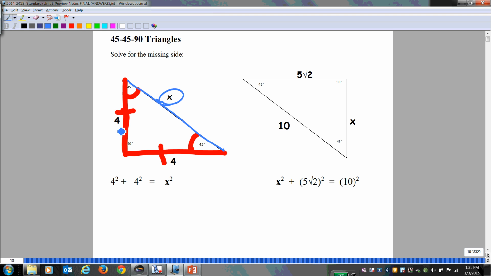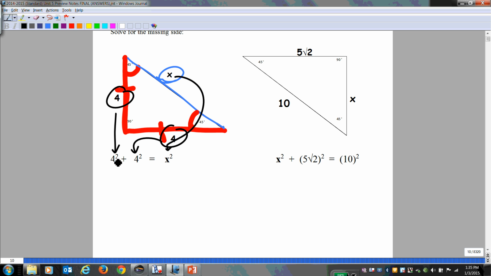So we're going to use the Pythagorean theorem. Leg squared plus leg squared equals hypo squared. Let's solve this together. 4 times 4 is 16, plus 4 times 4 is 16 again, equals x squared. We get 16 plus 16 is 32, equals x squared.